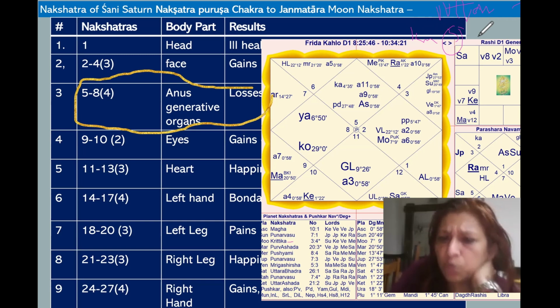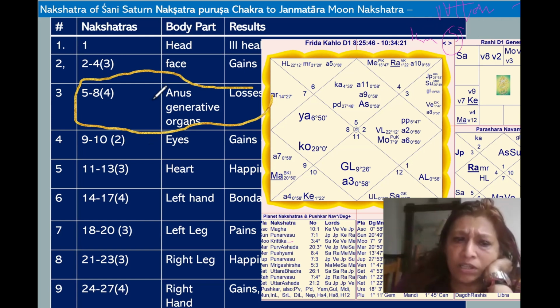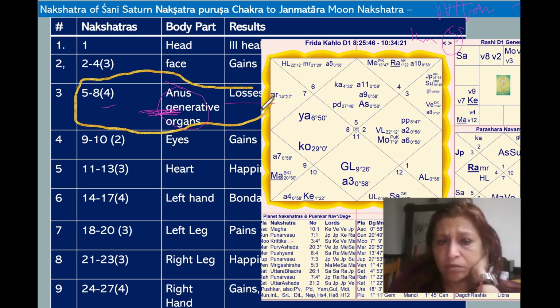How many numbers do you get? 5. Good. What does it say? 5 to 8 nakshatras is anus, generative organs. That's where it forms, and it shows losses. Do you think Frida Kahlo had loads of losses in her life? Yes.